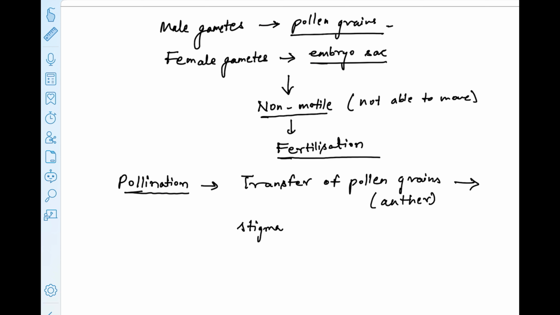What is stigma? We have already discussed, it is a sticky part of a pistil. So pollination is the mechanism in which transfer of pollen grains from anther to the stigma of a pistil takes place. All the flowering plants follow this mechanism.